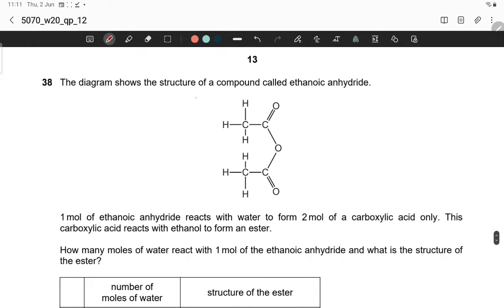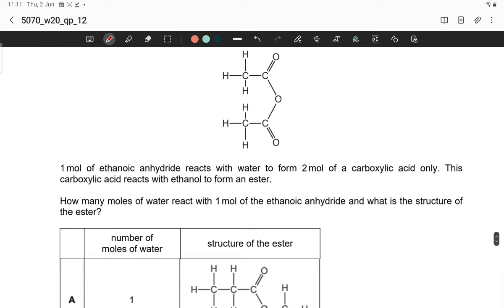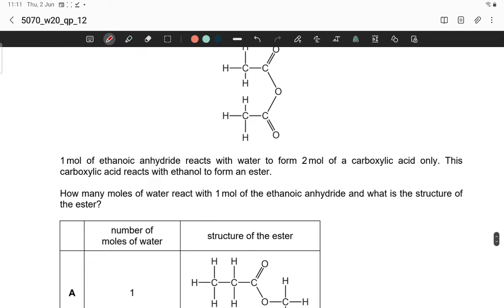The diagram shows the structure of a compound called ethanoic anhydride. 1 mole of ethanoic anhydride reacts with water to form 2 moles of carboxylic acid only. This carboxylic acid reacts with ethanol to form the ester.